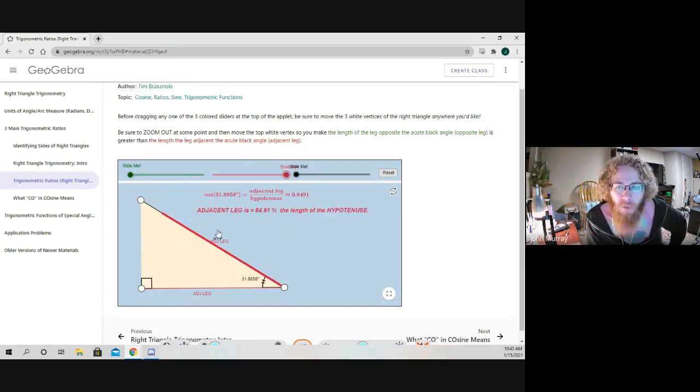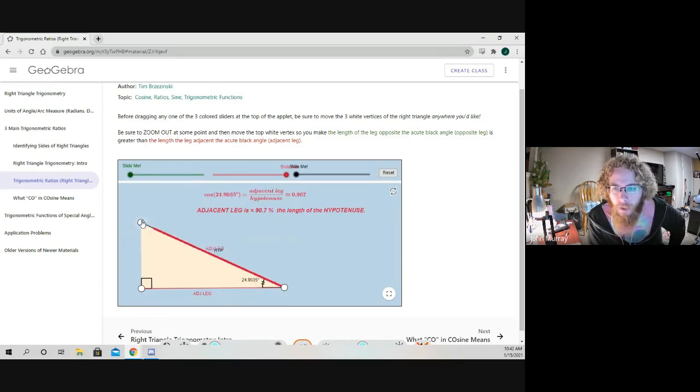The value of the cosine of 31 degrees is the same value as if we divided the length of the adjacent leg by the hypotenuse. That's where we get these formulas from. So cosine has to do with the adjacent leg.